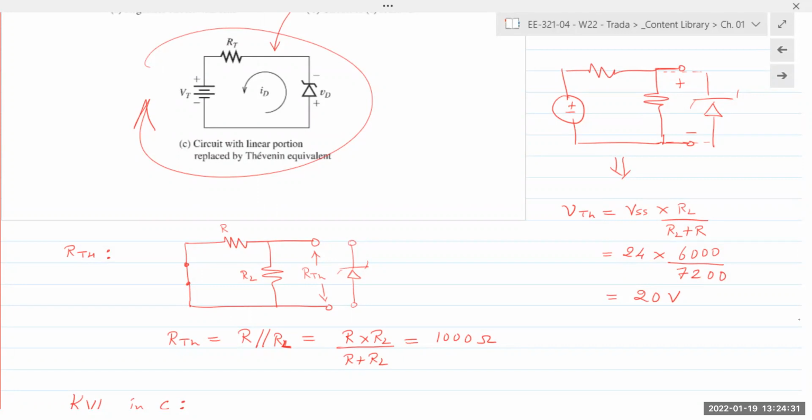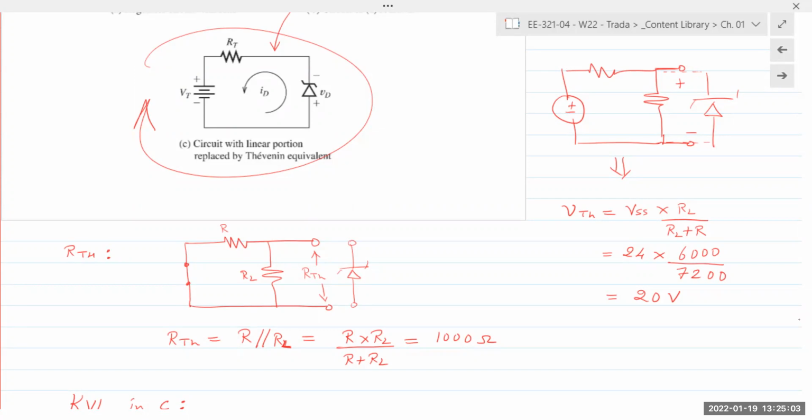So even though the Zener diode is connected in reverse bias, this again, remember from last class, even though it's connected in reverse bias, the positive reference for the diode voltage will always be at the anode. Okay, and current will always be shown as flowing from anode to cathode. So if current is flowing from anode to cathode, and diode polarity is plus minus that way, then the voltage drop across R or RTH is basically minus on the left and plus on the right.